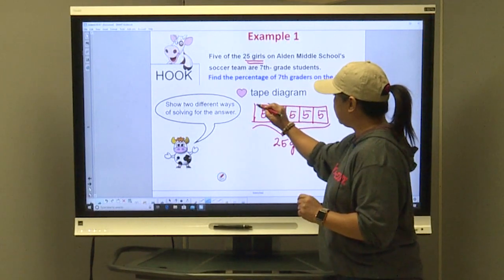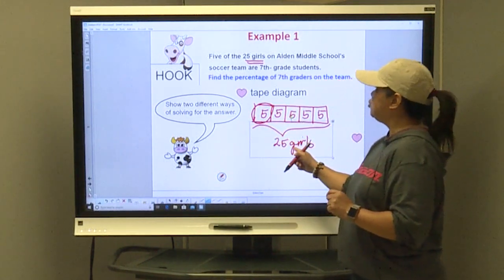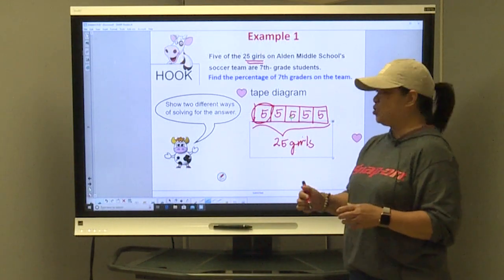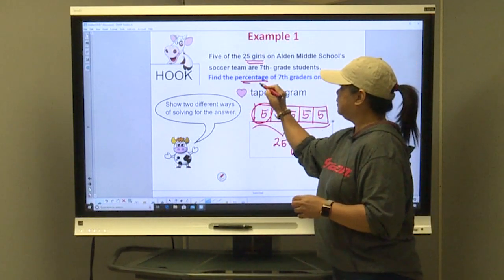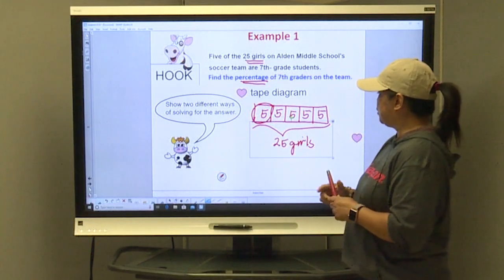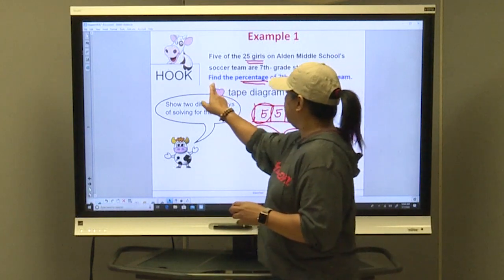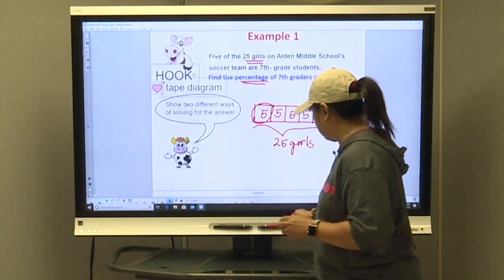So what are they saying? 5 of the 25 are 7th graders. But that is not the question. The question is find the percent. So with my tape diagram, let me just move this here so that we have a space.